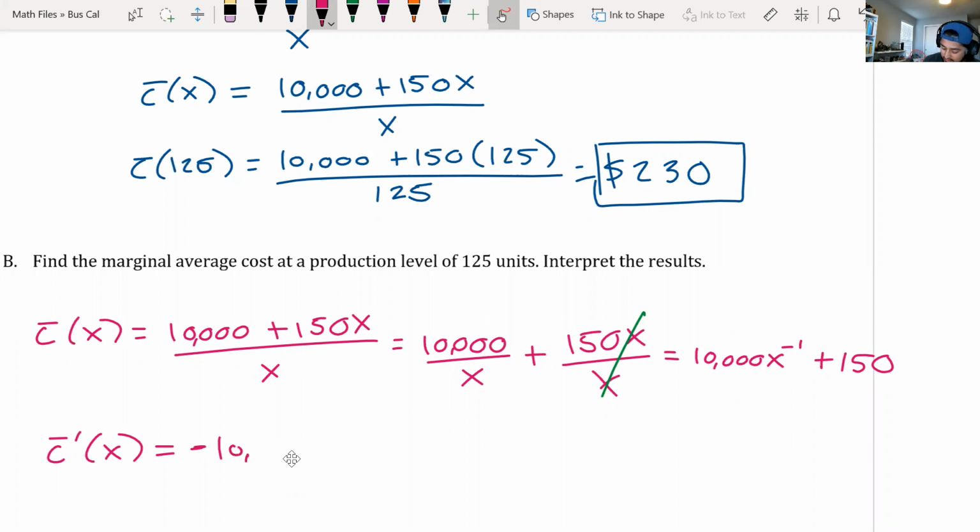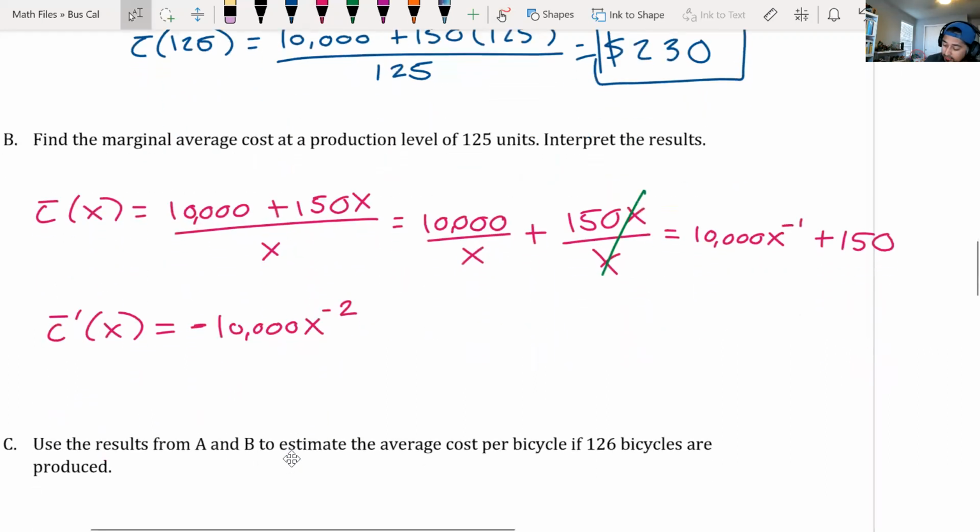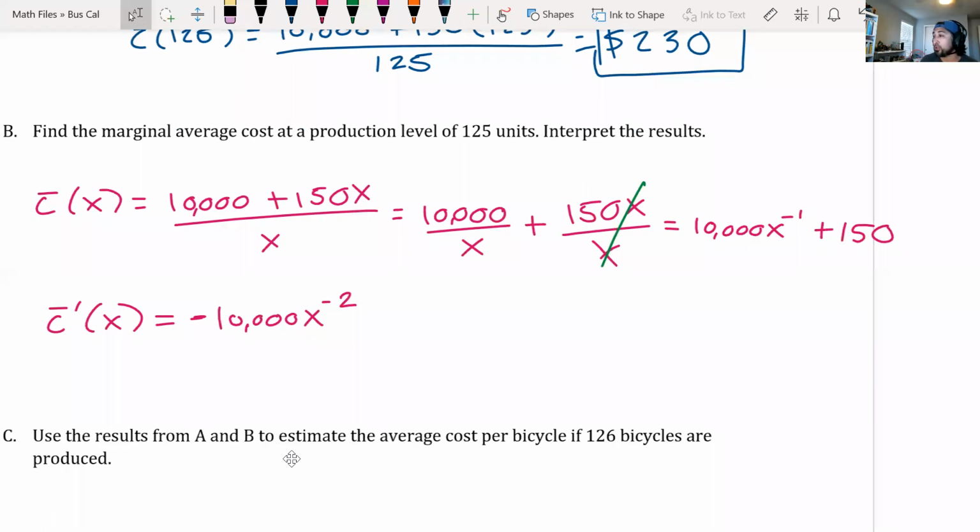Good. -10,000x to the what power? -2. Because remember, you always take 1 away, so you go more negative. And then what's the derivative of 150? 0. Look at that. There's our derivative. And now all we have to do is plug in 125.